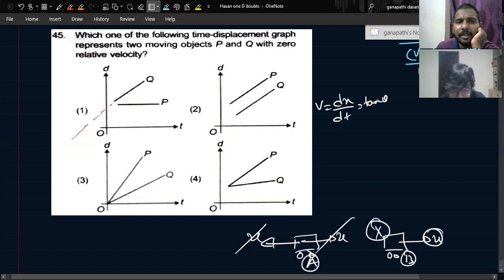So here, I'll use another color. This graph has two different tan thetas. This is theta 1, this is theta 2. Both have two different slopes, tan theta 1 and tan theta 2. In a similar way, this has another theta. But both are parallel to each other.